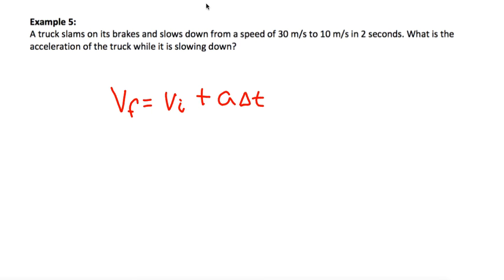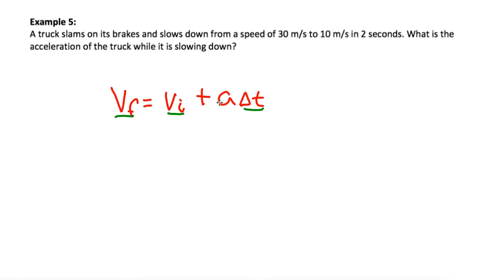In this equation, we know a lot of things. They told us it started with a speed of 30 meters per second, so we know velocity initial. It changed to a speed of 10 meters per second, so we know velocity final. It also did this in an amount of time of 2 seconds, so we know delta t. What is the acceleration of the truck?